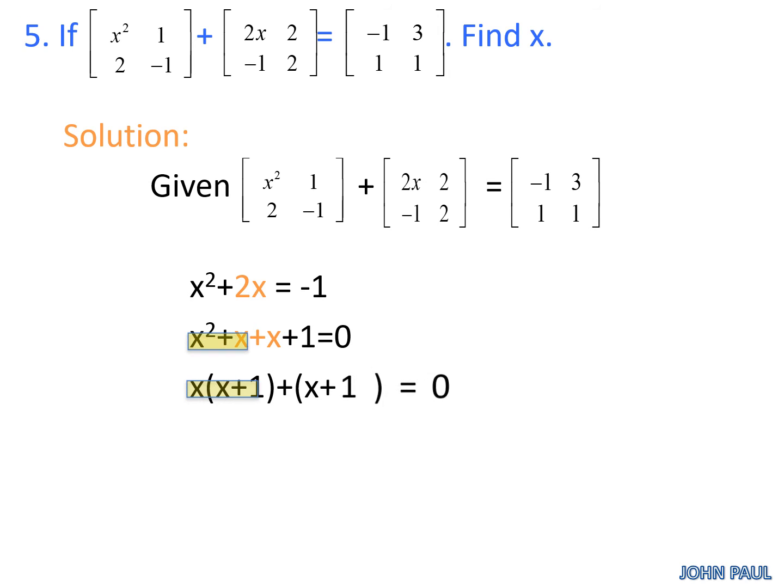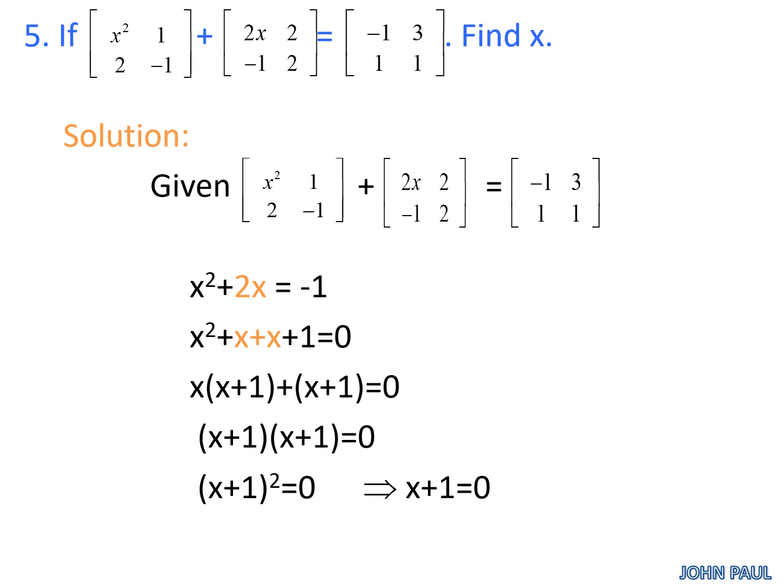Now from the first two terms we can take x common and we can write like this. Now again taking x plus 1 common, we got x plus 1 into x plus 1 equal to 0. That is x plus 1 whole square equal to 0. From this we got x plus 1 equal to 0. Take the 1 to the other side, we got x as minus 1.